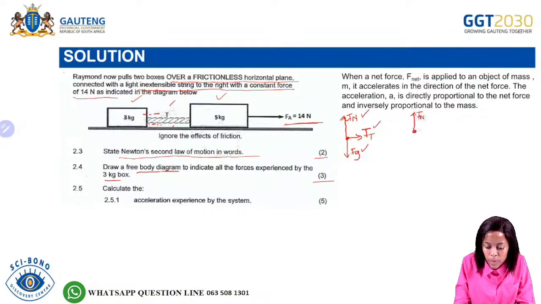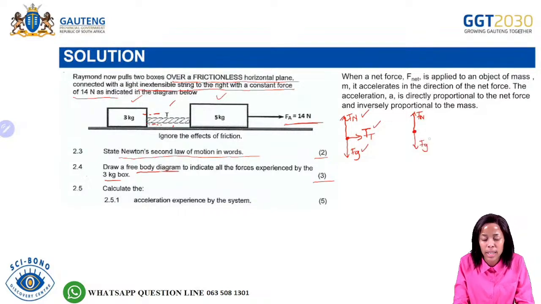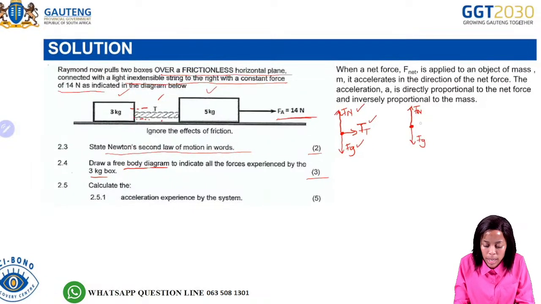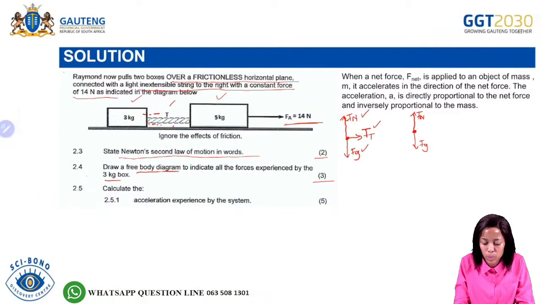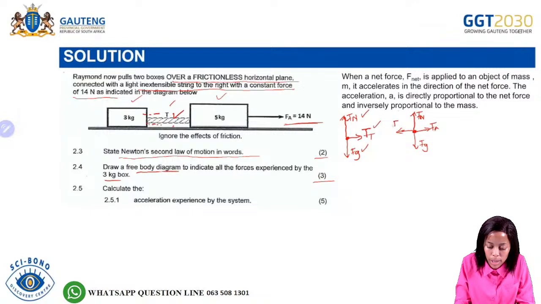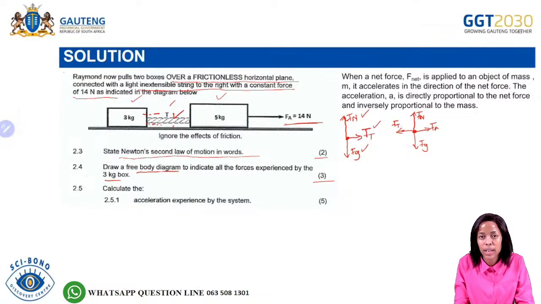We have the normal force, and going down we have the gravitational force, and to the right, what force do we have? We have our applied force, and then to the left we can see that we have what? We have the tension force there on the left hand side, so F_T.